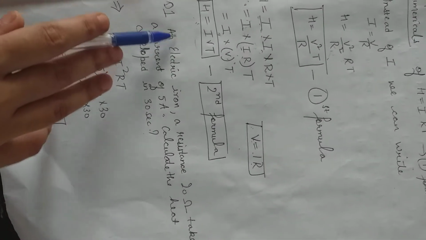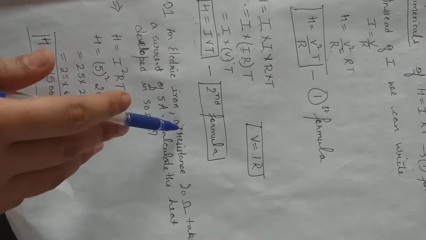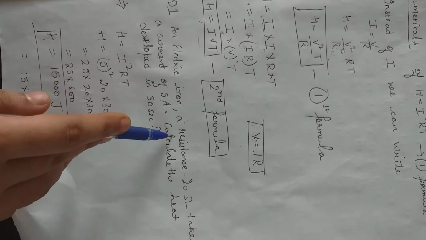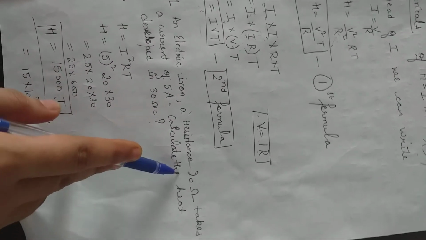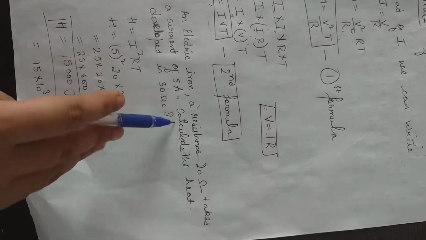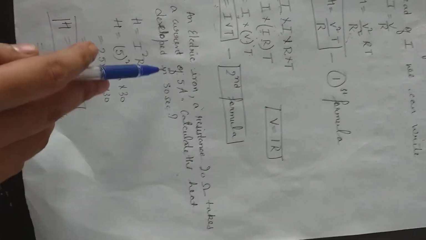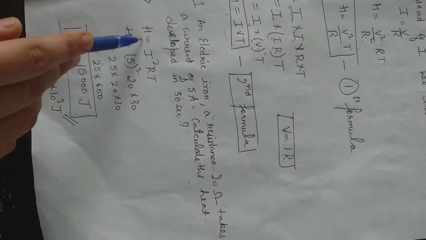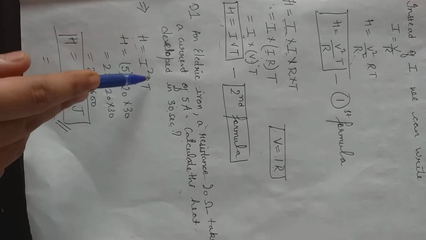First is an electric iron of resistance 20 ohm that takes a current of 5 ampere. Electric iron provides a resistance of 20 ohm, by supplying a current of 5 ampere throughout the circuit. Calculate the heat developed in 30 seconds. In the basic formula, H is equal to I square RT.